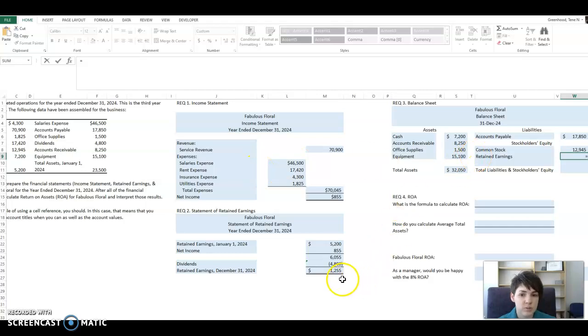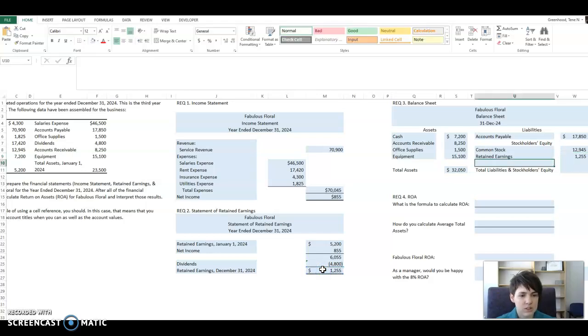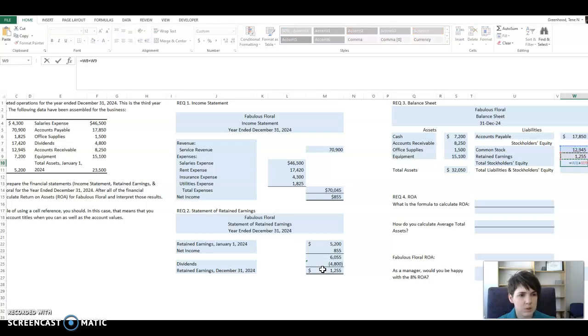Retained earnings, we're going to reference over to our statement of retained earnings the ending balance of $1,255, and that's going to give us total stockholders equity. So we'll add together common stock plus retained earnings to get the total stockholders equity.